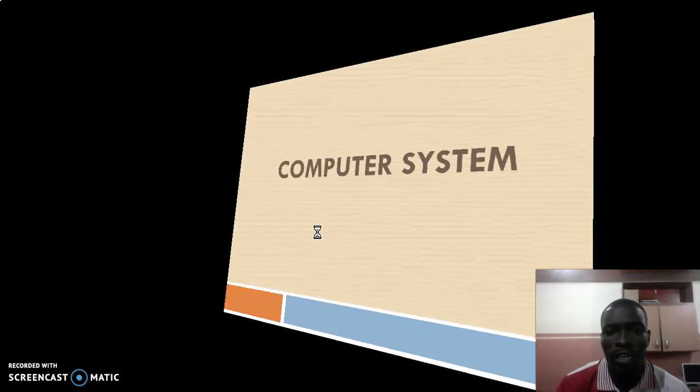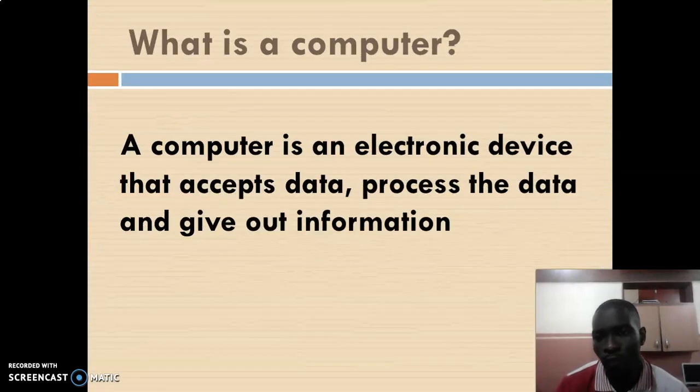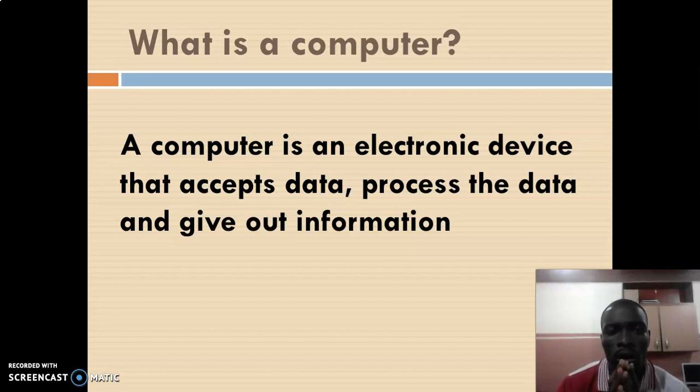All right, now let's begin our class today with the definition of a computer system. It is very important that as a user of the computer, you know or have a proper definition of the computer system. Now, as you can see on the screen, a computer is an electronic device that accepts data, processes the data, and gives out information.